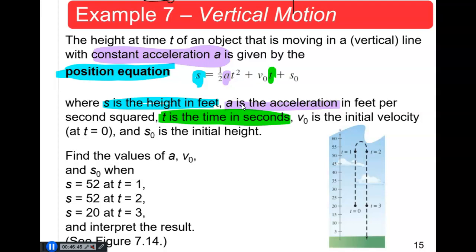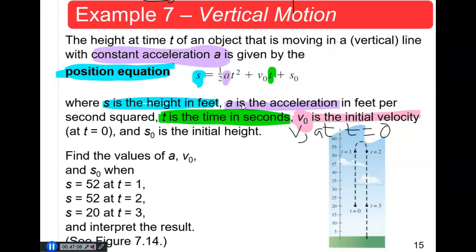And then we have other constants. V sub 0, remember, is the velocity. The subscript indicates the velocity at time 0. So therefore, it's called the initial velocity. So this is V at t equals 0.